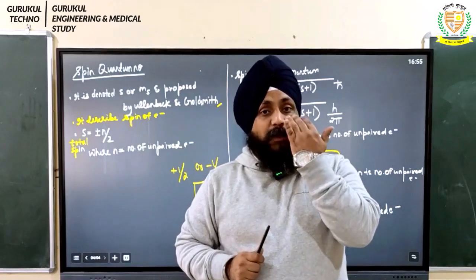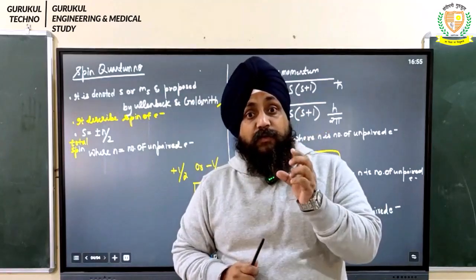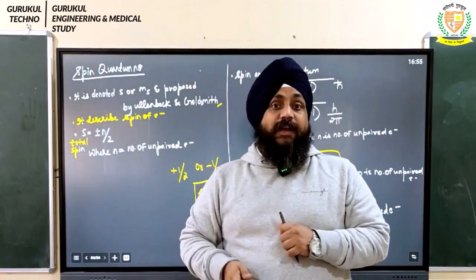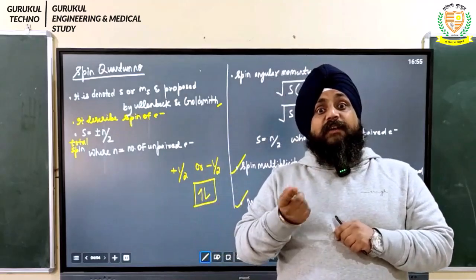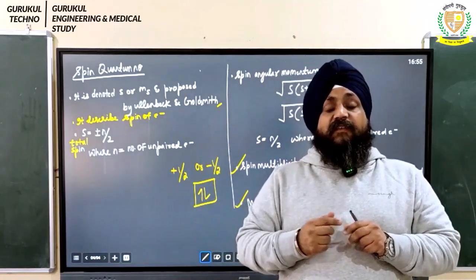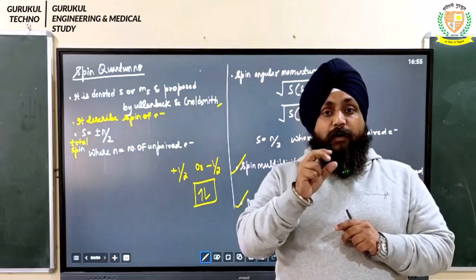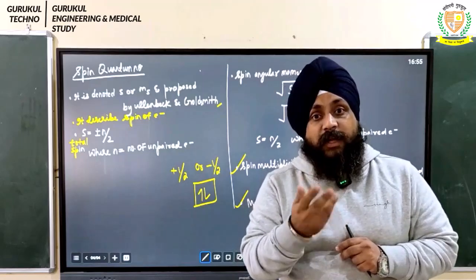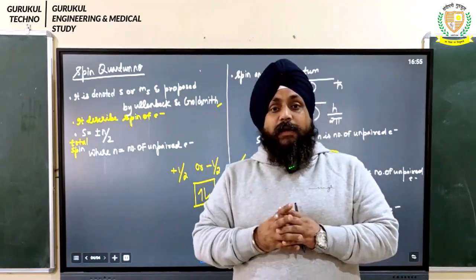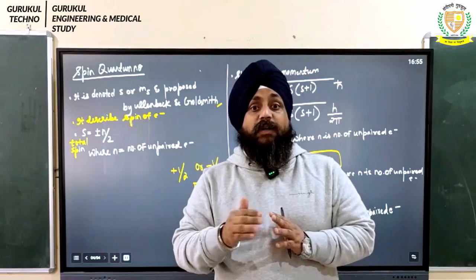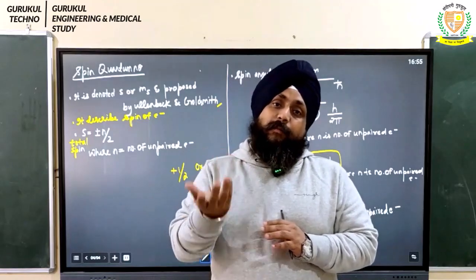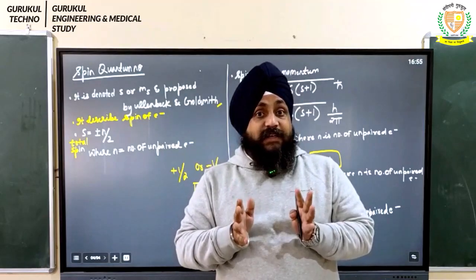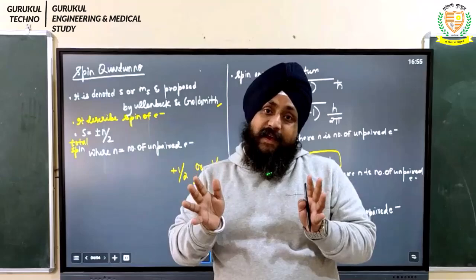And what these quantum numbers do is give you all information about the electron: in which orbit it is present, in which suborbit, and if you know the suborbit, that is the orbital, then what is the orientation of the electron in that orbital, and finally the spin of the electron, either clockwise or anti-clockwise. It is like an address of an electron.